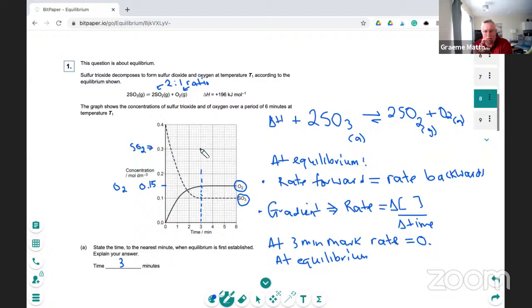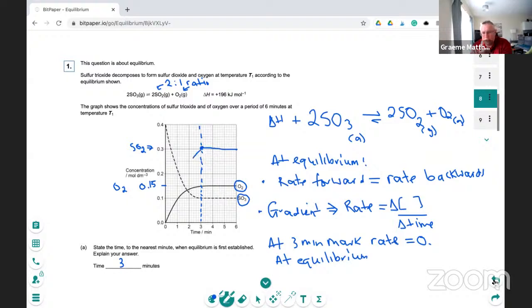So I'm going to extend my equilibrium line up like this. It has to establish equilibrium at the same time as SO3 and O2 do, so right here equilibrium is established, and it's going to be a straight line after that.